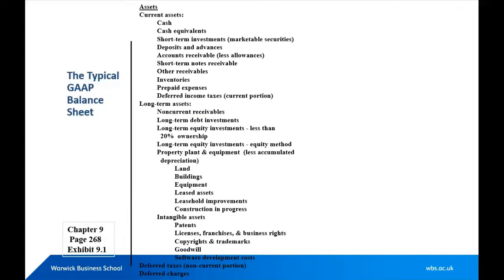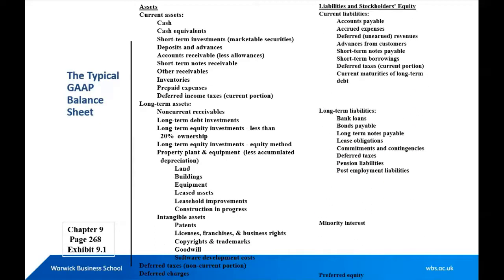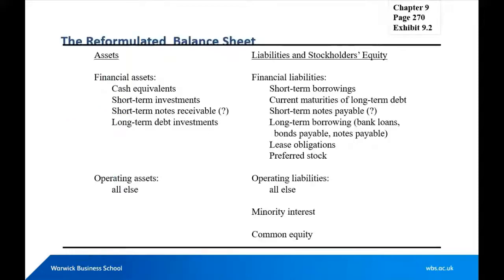The same thing in the tabular format. Yes, it is in the tabular format. A typical balance sheet from GAAP, and we have companies which prepare the balance sheet using IFRS, which looks mostly similar, but there are some differences.